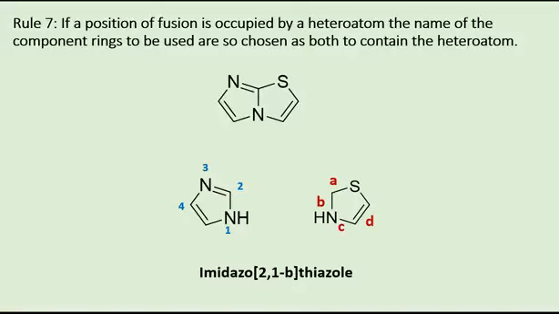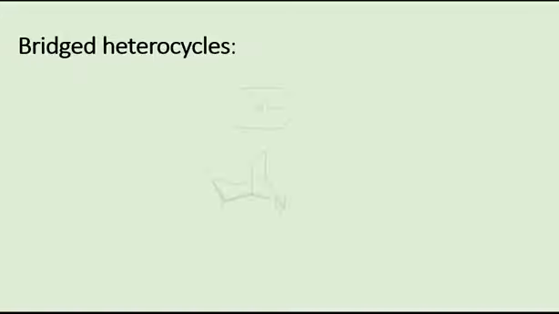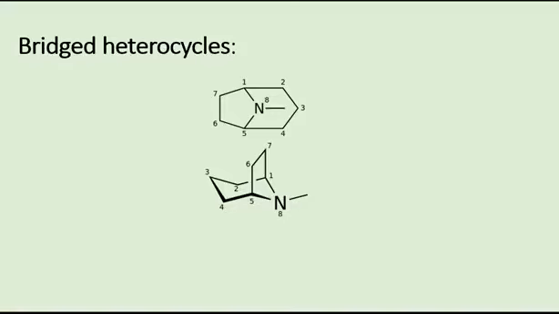Now let's move on to a newer topic, bridged heterocycles. Bridged heterocycles are slightly tricky. The best example we have is atropine, which has a propane ring.